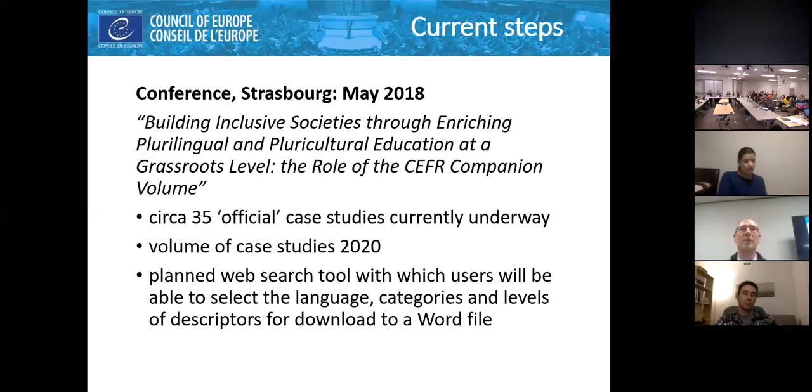And a very important and interesting point is that there's a plan to have a search tool on the Council of Europe website, so that you will be able to go to it and say, right, I want to work in French, and I want descriptors for the communicative language activities. Actually make that just spoken interaction.